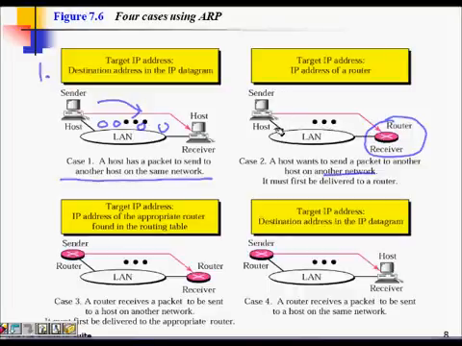So again I will send a broadcast ARP request asking what is the MAC address of this particular router, and this router will send a unicast ARP reply. Broadcast is to everyone, unicast is to just a single user. Then the next one, okay, so now there is a LAN in between. A router receives a packet to be sent to a host on another network.